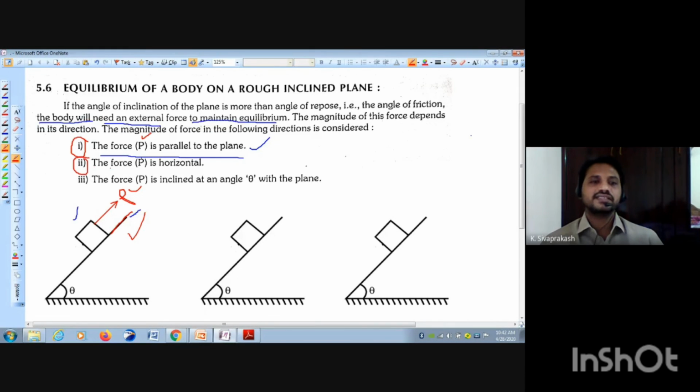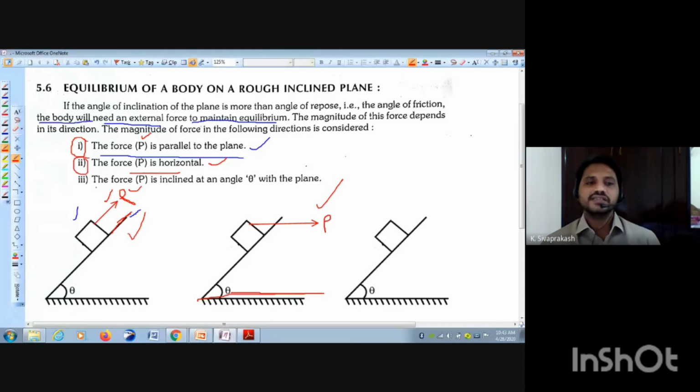Next, the second condition: the force P is horizontal. How could you take the force along the horizontal? See, this is the force P. In the previous case, the force P is parallel to the plane. In the next case, force P is horizontal, meaning it is parallel to the horizontal direction.